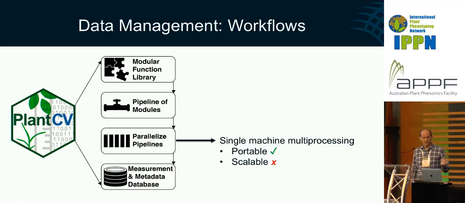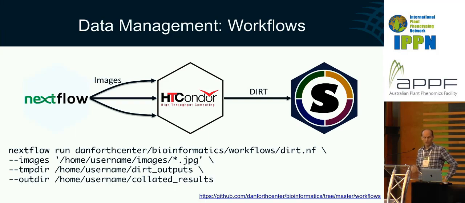And I'll briefly say for parallelization, what we're doing now is doing this on a single machine with multiprocessing, which is nice because it's portable. Any system that has more than one CPU you can parallelize on, but it doesn't scale very well, so it depends on how big your computer is. So one of the things we're working on now is building a more system-agnostic parallelization scheme.